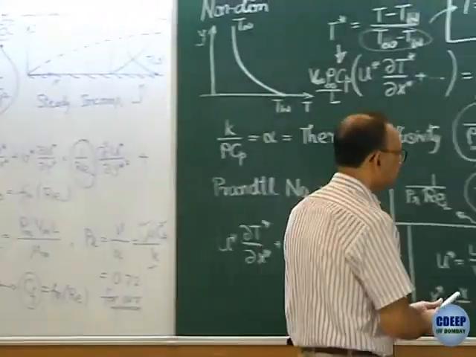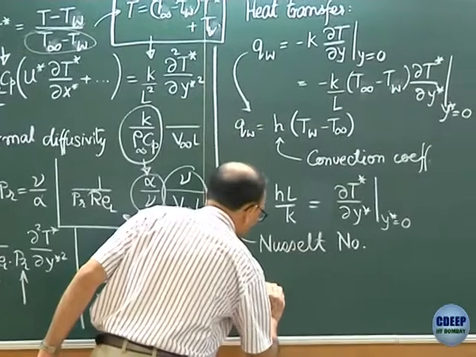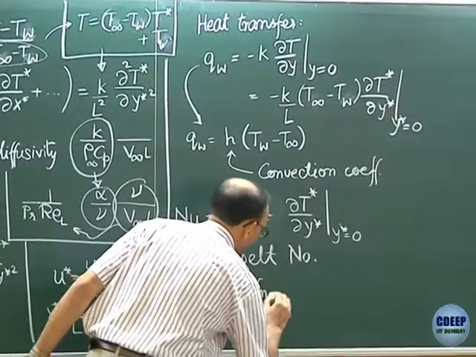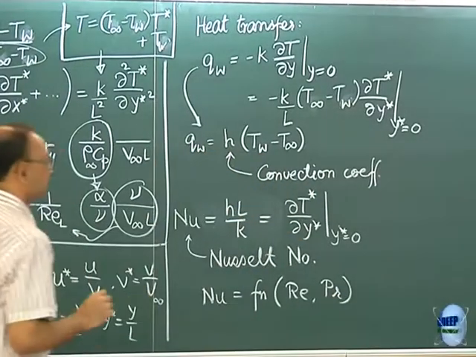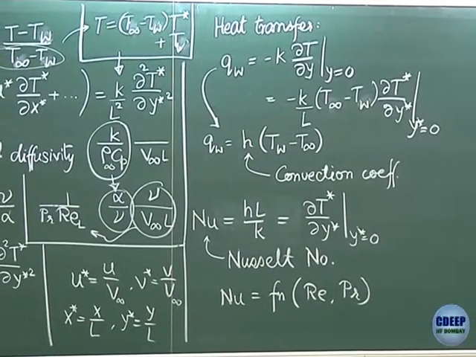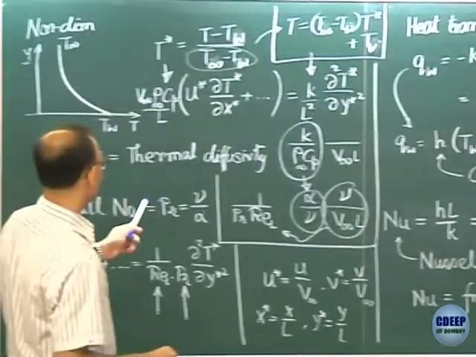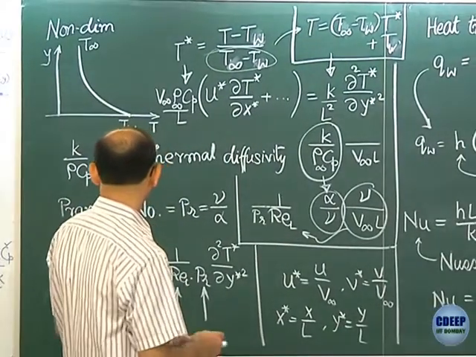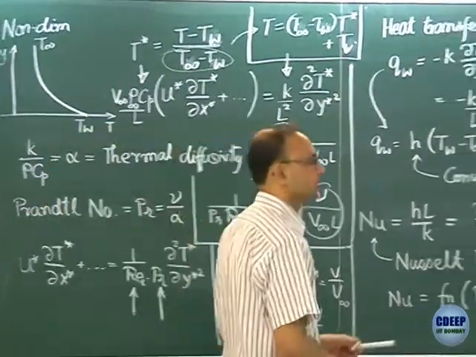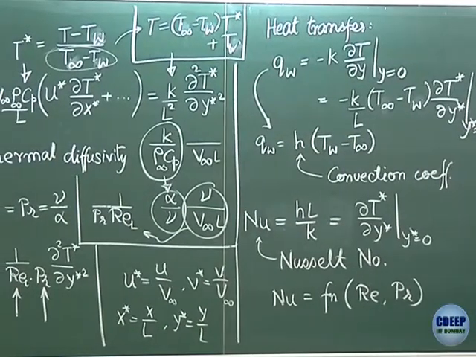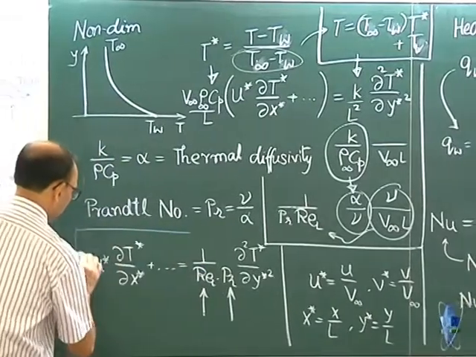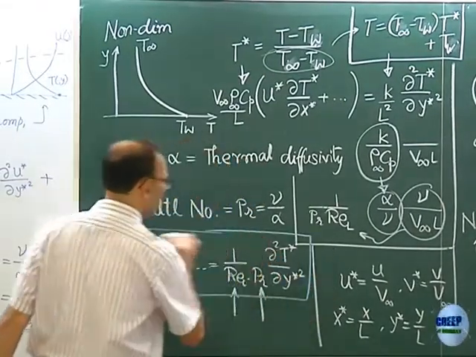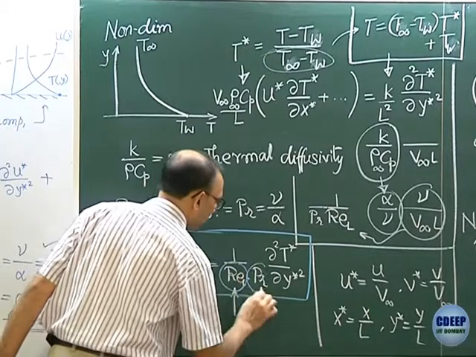And if we put things together, what we will find is Nusselt number is a function of Reynolds number and Prandtl number, because the equation as we wrote it has two of these non-dimensional numbers. This is the equation in a normalized non-dimensional form, which has Reynolds number and Prandtl number.